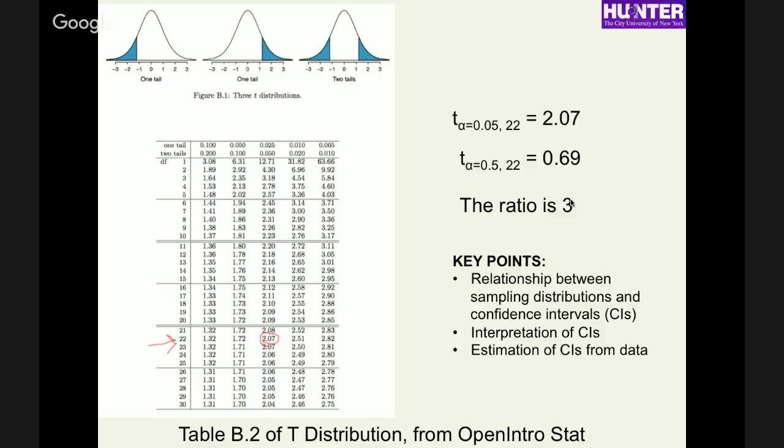The interpretation of the confidence intervals, remembering that it's a plausible interval in which we have a certain probability of it containing the true population mean, or alternatively, if we were to take a bunch of samples, it's the percentage of time that the calculated confidence intervals would contain the true mean. And of course, putting that together and actually estimating confidence intervals from data.